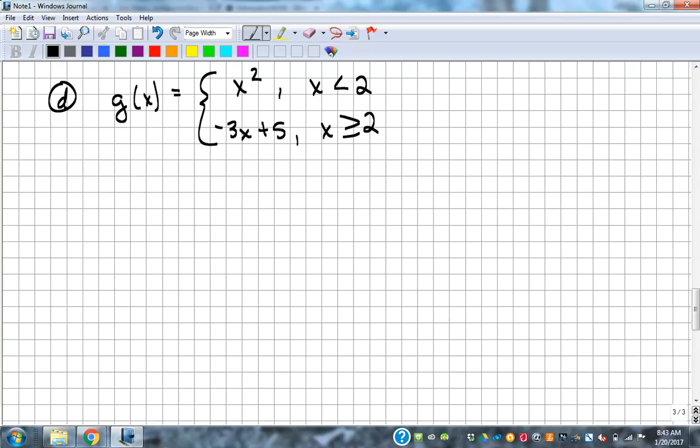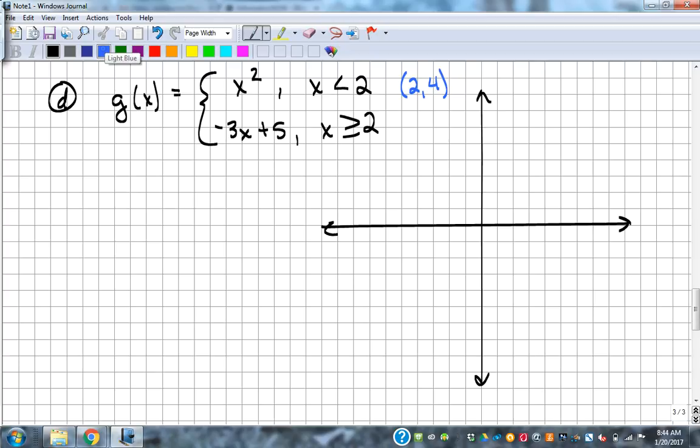What is the important point for part A? 2, 4, right? Plug in 2. 2 squared is 4. Okay. Is that point included? No. Okay. So when I go to draw my graph here, at 2, 4, I'm going to put an open circle.